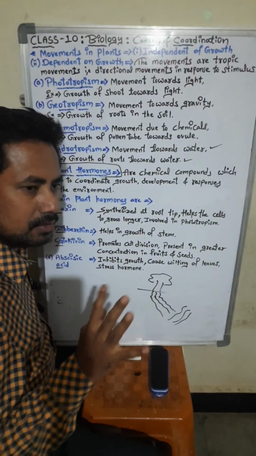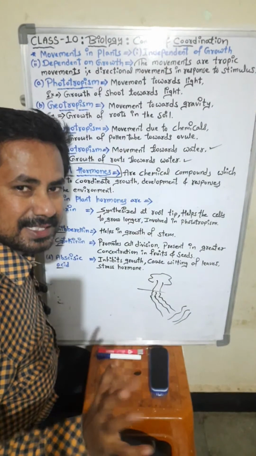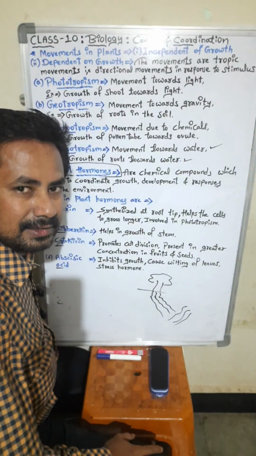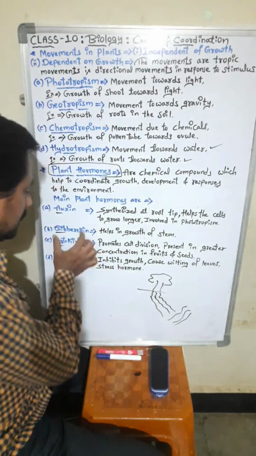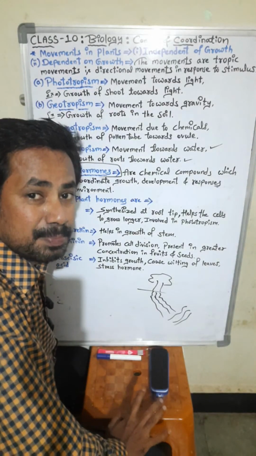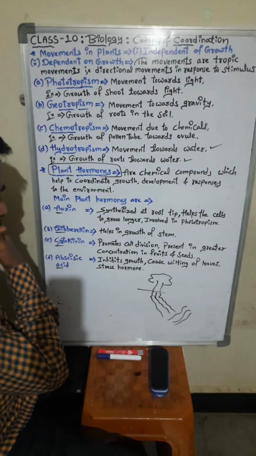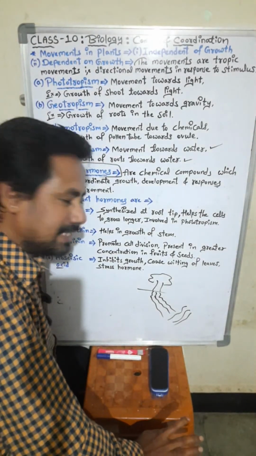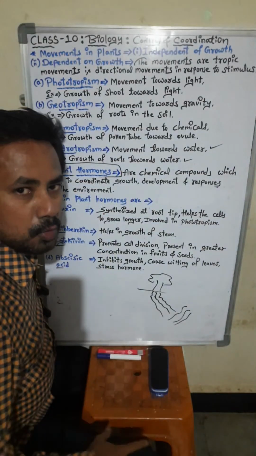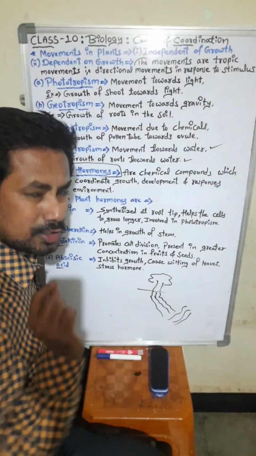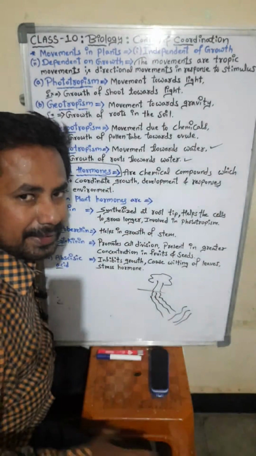If not possible, repeat it ten times. Gibberellin, gibberellin. Spellings are very, very important. You do not have to make any mistakes in spelling, students. Okay. Auxin, gibberellin, cytokinin, abscisic acid. These all are plant hormones. Why do they release hormones? For control and coordination, to send the message. And it is helpful for growth, development.